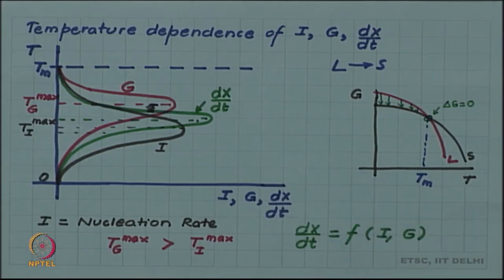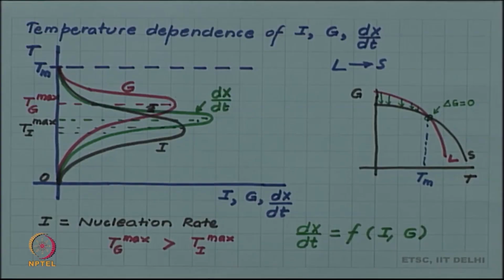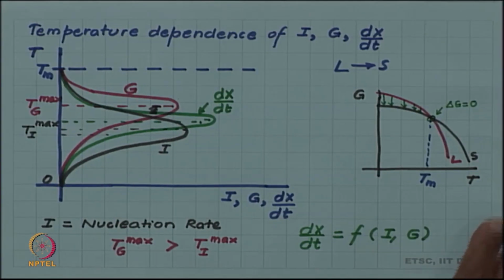So, essentially all these rates are 0 at the melting point and above, will be 0 again very close to 0 Kelvin and at lower temperature, and in between they reach a maximum. So, we will develop this idea now in the next video into something called time temperature transformation diagram, which is a very useful diagram in phase transformations.